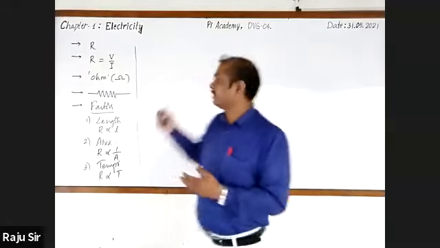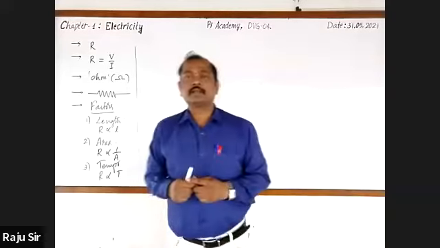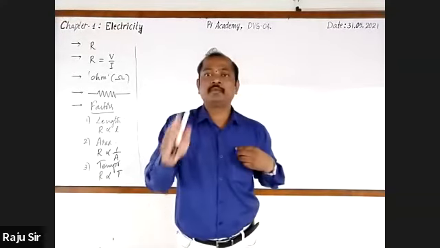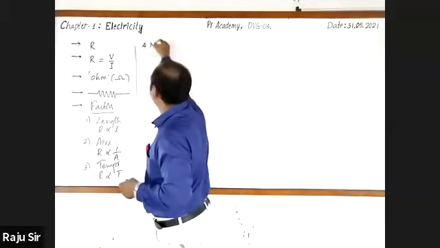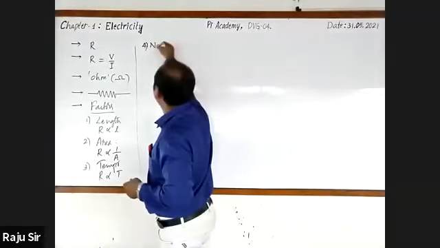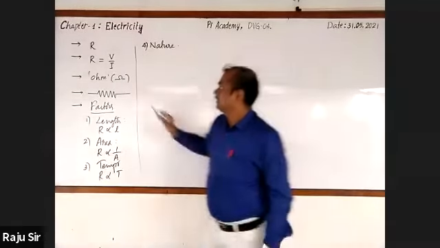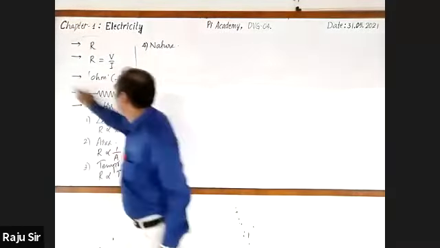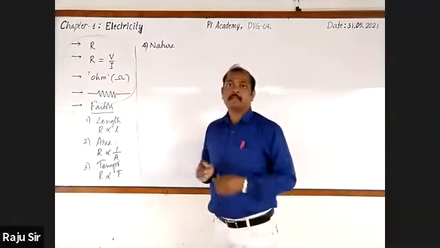From this, we concluded that electric resistance depends on the nature of material of the conductor. So the fourth factor is the nature of material of the conductor. In the last class we focused on these two: resistance and the factors.